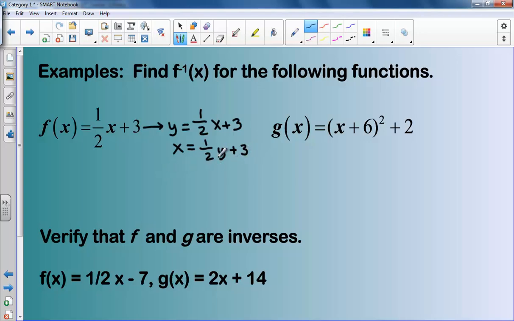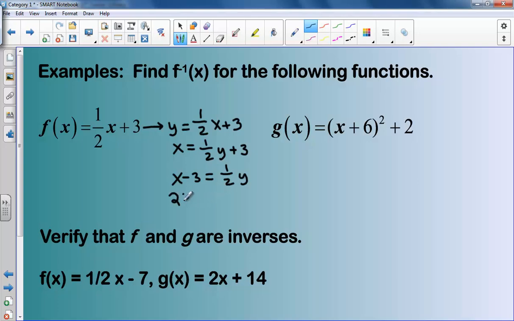And then I'm solving for y, so I'm working PEMDAS backwards. The first thing I want to do is any addition or subtraction. So I have addition right here. I'm going to subtract 3 from both sides, which gives me x minus 3 equals 1/2 y, and my 3 will cancel here. And then the opposite of dividing by 2 is multiplying by 2.